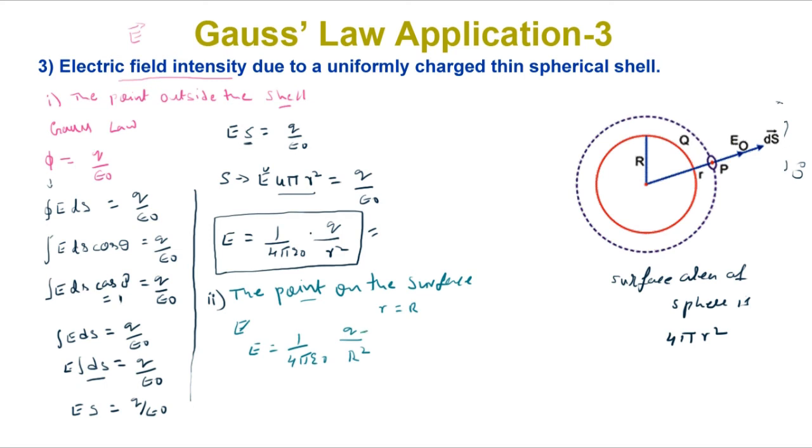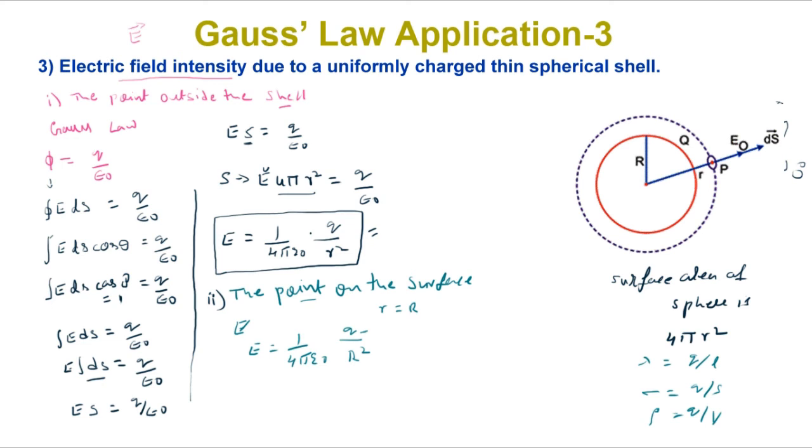Here one small change is there: we have to identify the charge. I told you in the previous application that the linear charge density lambda is equal to Q by L, the surface charge density sigma is equal to charge by surface area, and rho is equal to charge by volume. These are the linear density, surface charge density and volume charge density.